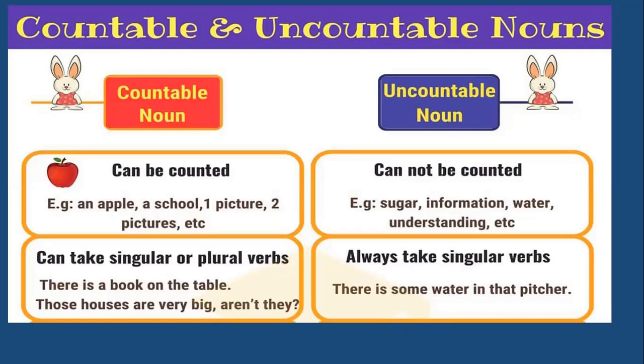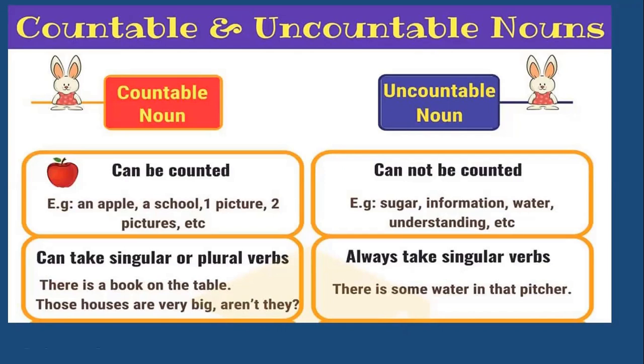So, uncountable nouns, they cannot be counted. We cannot count sugar, milk, information, water, understanding, time, air. They always take singular verbs. بالإضافة لأنه ال uncountable nouns الأسماء الغير معدودة they take only singular verbs. مثل ما حكينا تتعامل معاملة المفرد.